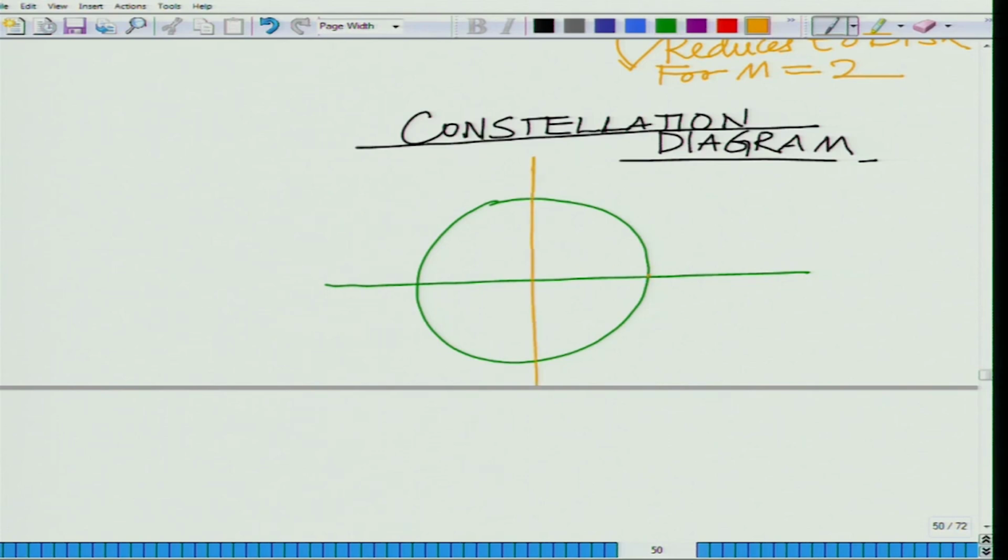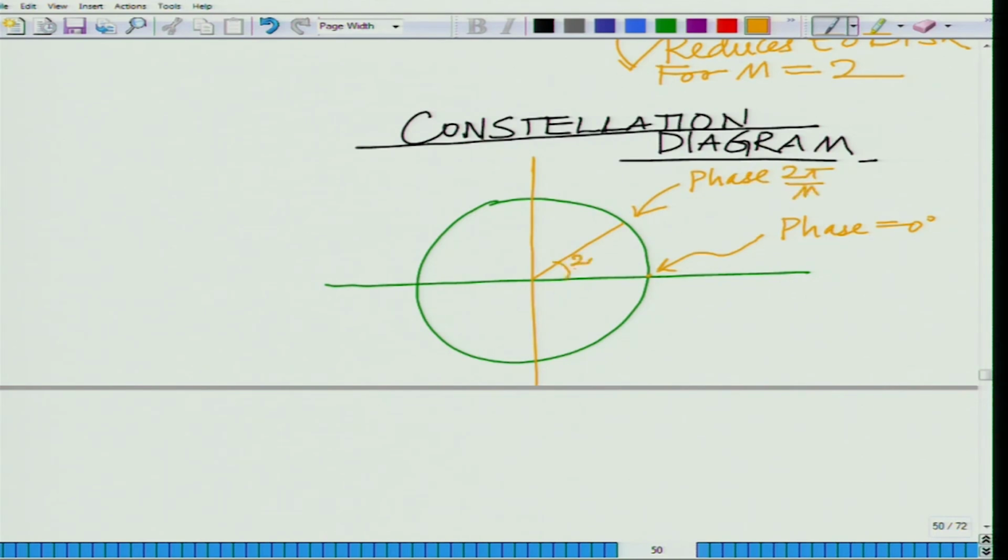Now, the first symbol is at phase 0. The second symbol is at phase 2 pi by m.